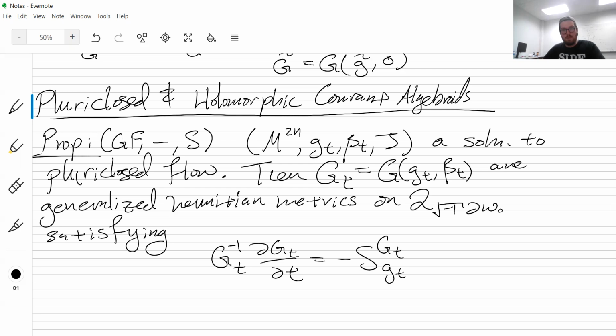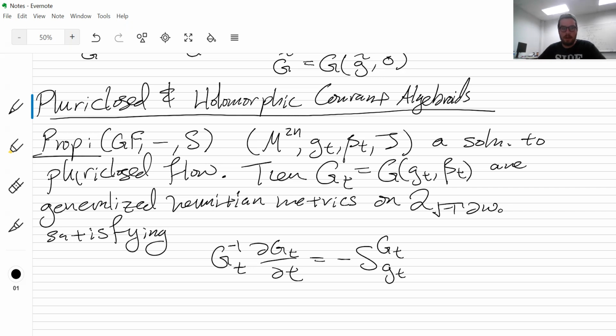And this perspective has actually proven really useful. Me and Jeff wrote a paper where we were able to get some a priori estimates. I think I make reference to it later. Using the fact that, right, on the holomorphic Courant algebroid, these generalized metrics flow essentially by like a Hermitian-Yang-Mills type flow.